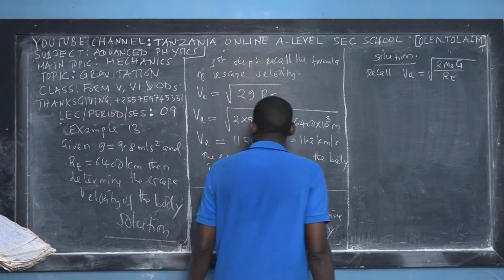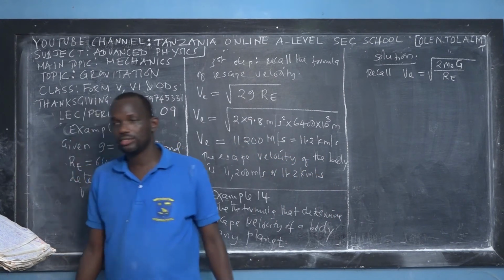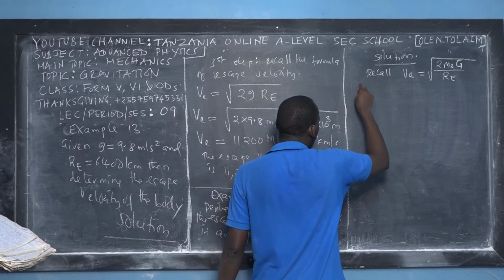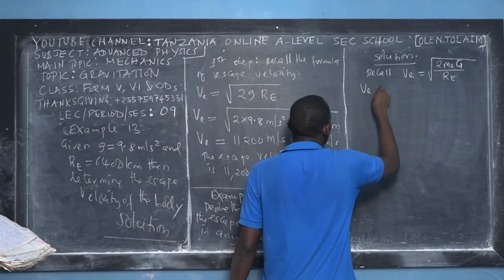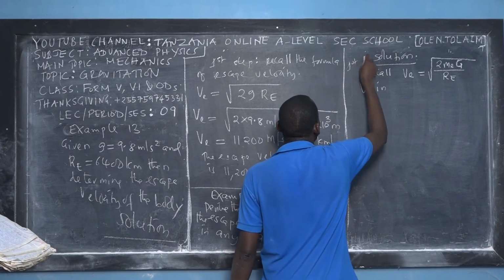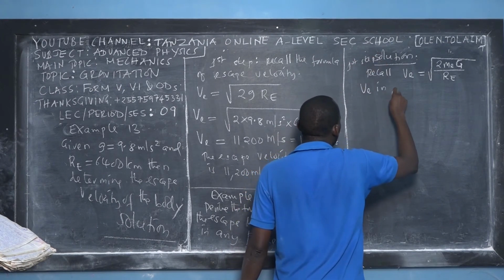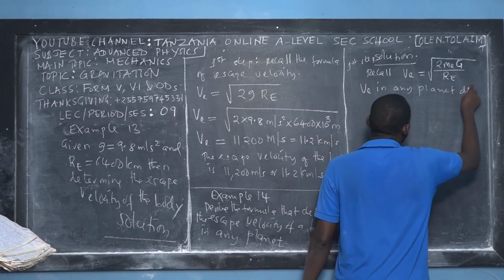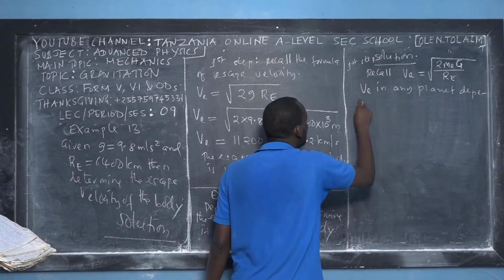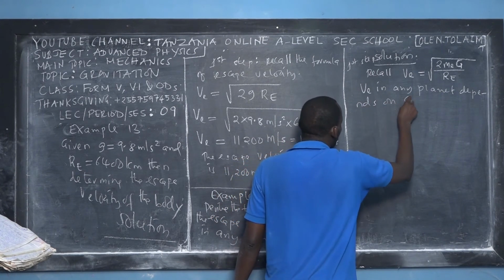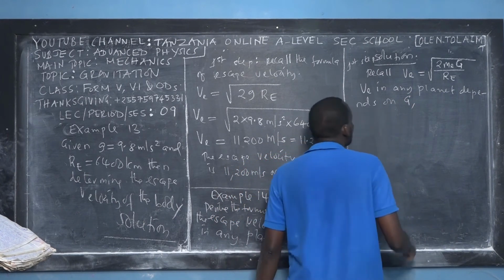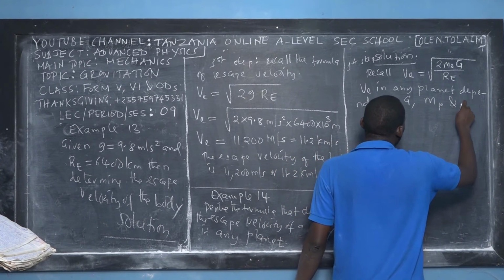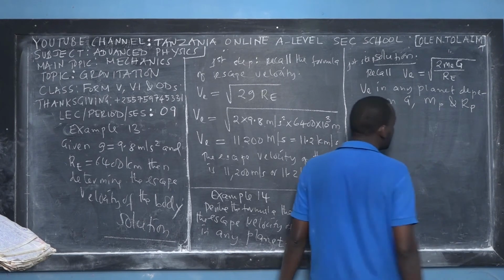So then, the escape velocity in any planet depends on what? It depends on the universal gravitational constant, the mass of that planet, and the radius of that planet.